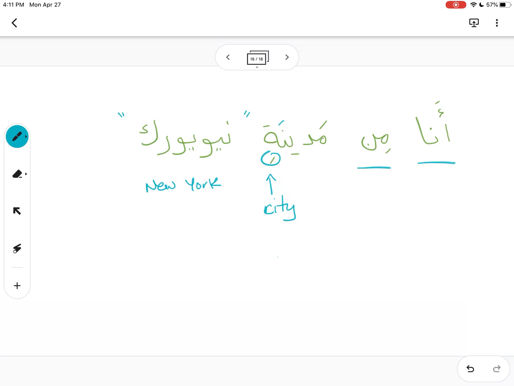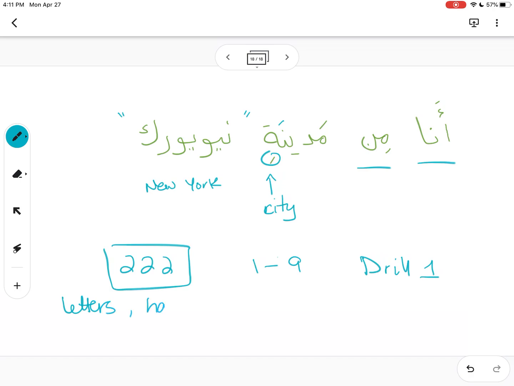So now what you'll do is you're going to flip and look at page 222. Here's the big test. You have 9 sentences on page 222. واحد لا تسعة. Drill 1. And you are going to practice reading those sentences. And you're going to use all of the things that we have learned now. So you have all the letters that we've learned.